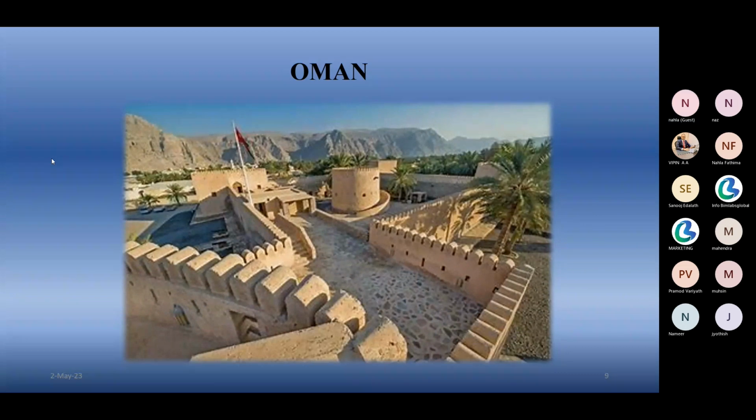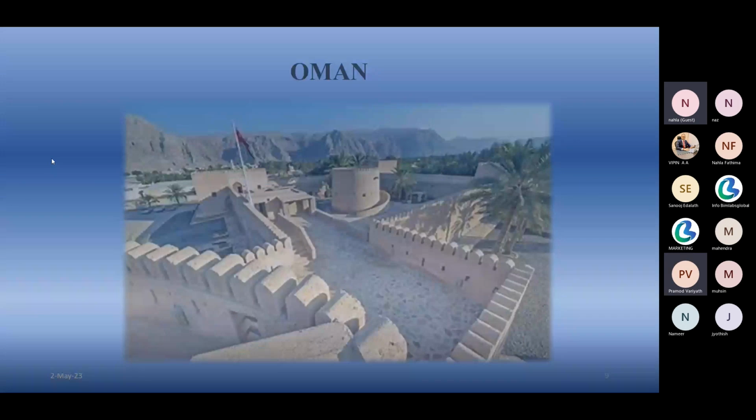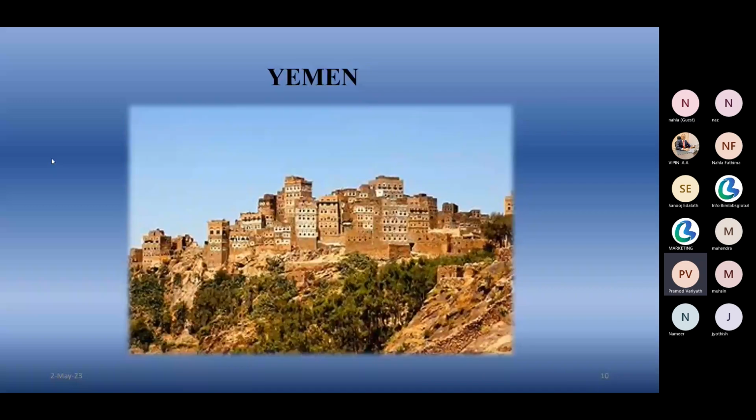Then this country, I don't think you guys will get it, but just give it a try. Yemen. Yes, you're right. So now the session is getting more interesting. Okay, and the next country starts with U, and this country is what we're going to talk about. UAE, yes.